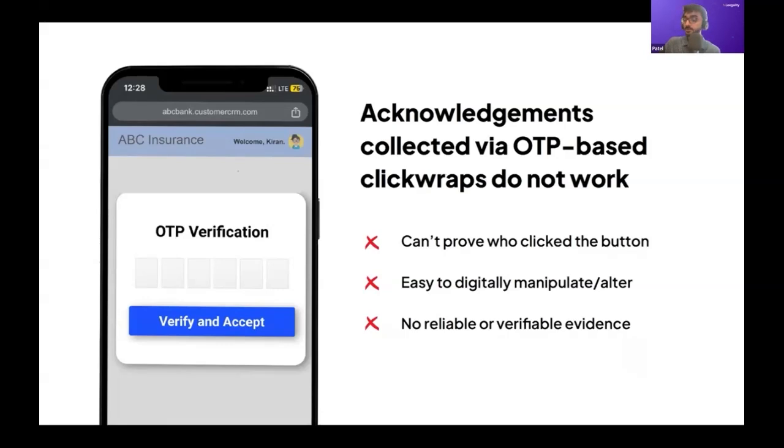For the eIA and the CIS, you need a signature. IRDAI has prescribed signature. And remember what we told you earlier: where a regulation specifies signature, you can't do an OTP or click wrap. You need an IT Act eSign, like an Aadhaar eSign, if you want to do it digitally.